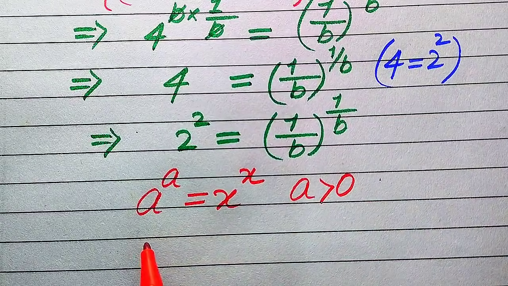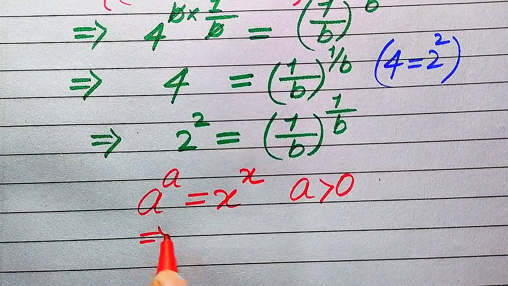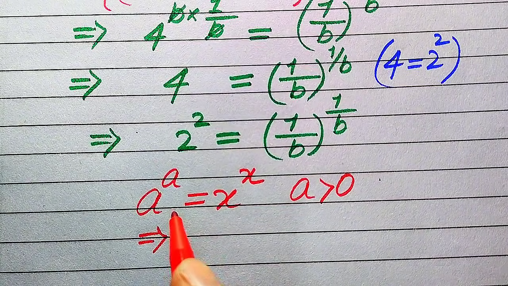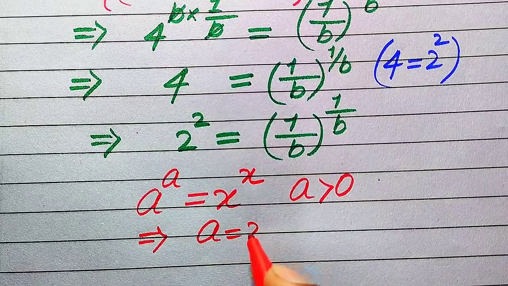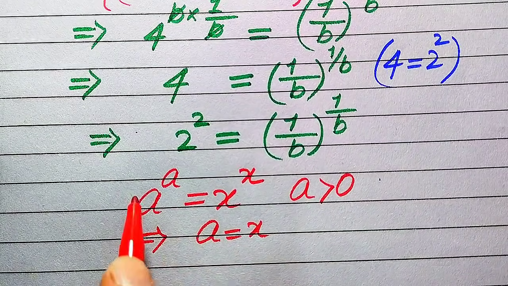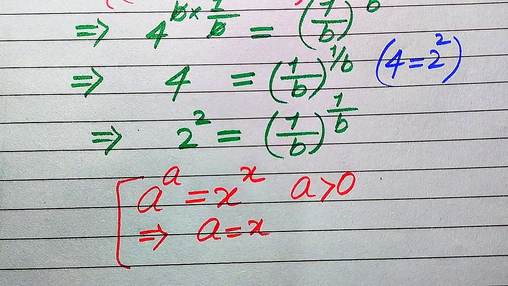If our a is greater than 0, then this implies that we equate the base to base, or exponent to exponent, which means that a is equal to x.